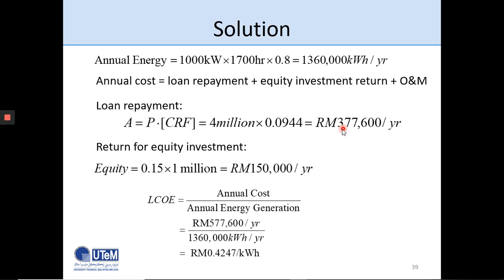So this is the calculation. Annual energy: capacity 1000 kilowatt or 1 megawatt, times 1700 hours, this is the peak sun hour value, times the capacity factor or performance ratio 0.8. So this is the amount of energy we can generate a year. Annual cost is the loan repayment plus equity investment plus operation and maintenance. Loan repayment is $4 million times 0.0944. Well, how do we get 0.0944?